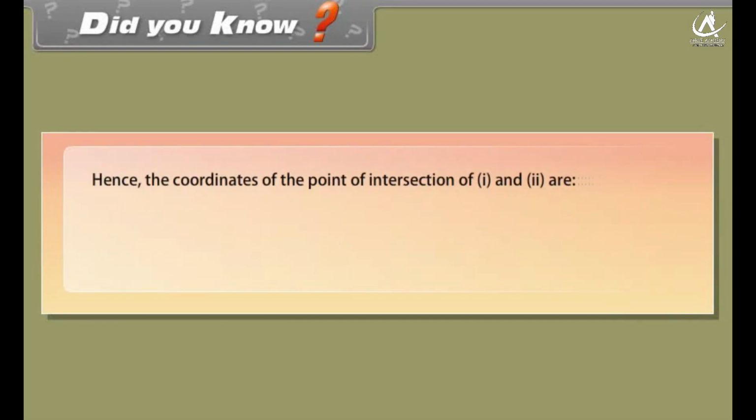Hence, the coordinates of the point of intersection of 1 and 2 are ((b1c2 - b2c1)/(a1b2 - a2b1), (c1a2 - c2a1)/(a1b2 - a2b1)).